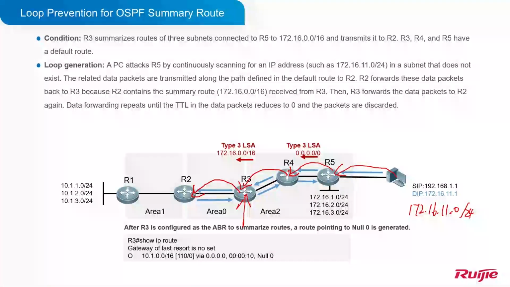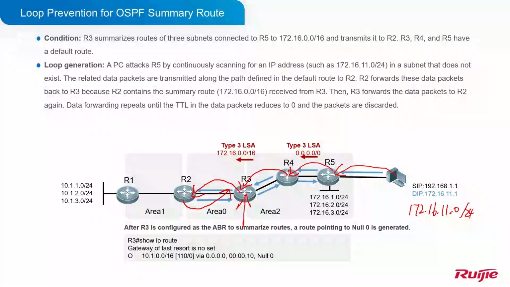But now the R2 device has to check the routing table, and we will see the summarization routing information is from R3, right? And then the R2 device will transmit the packet back to R3 because of the summarization route.